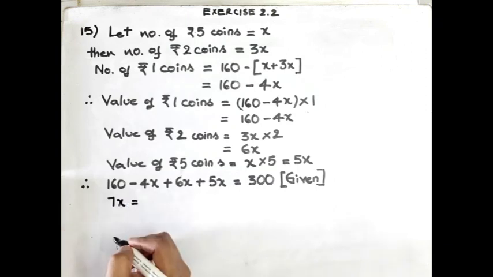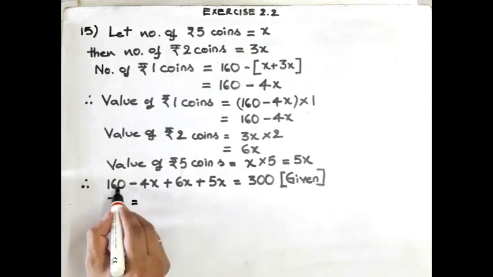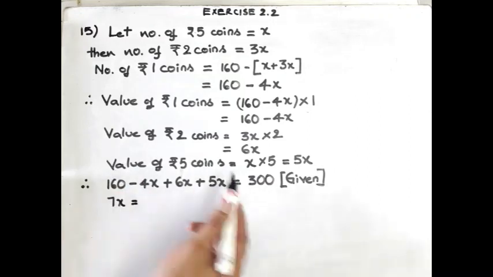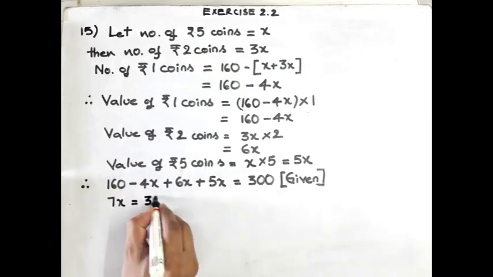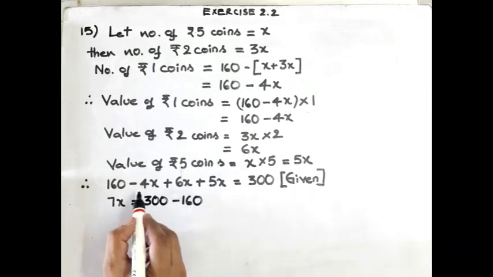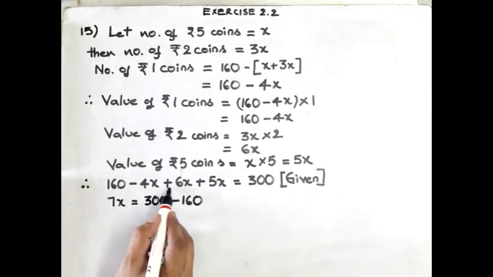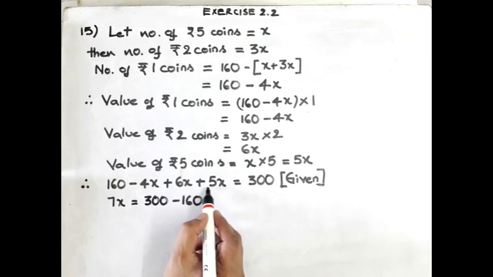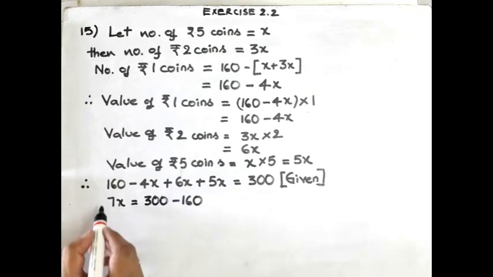7x is equal to, transpose this plus 160 to the other side, it will become 300 minus 160. Hope you are clear. Look, minus 4 plus 6 plus 2 plus 2 plus 5 is 7. As we know, no need of mentioning plus.